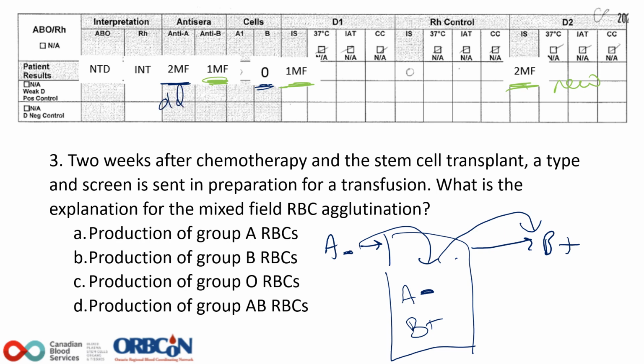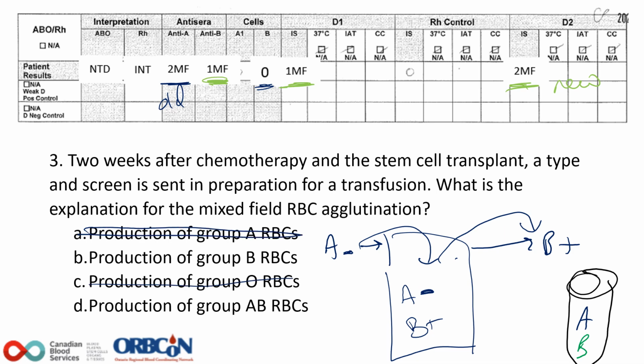And so you can imagine that when you're thinking about this in a test tube, you've got A and B red blood cells in it, which means that when you're doing your agglutination, only one or the other is going to agglutinate when you're using these reagents, and therefore you get mixed field. So, as we've been describing, the production of group A red blood cells? No, because we're going from group A to a group B.